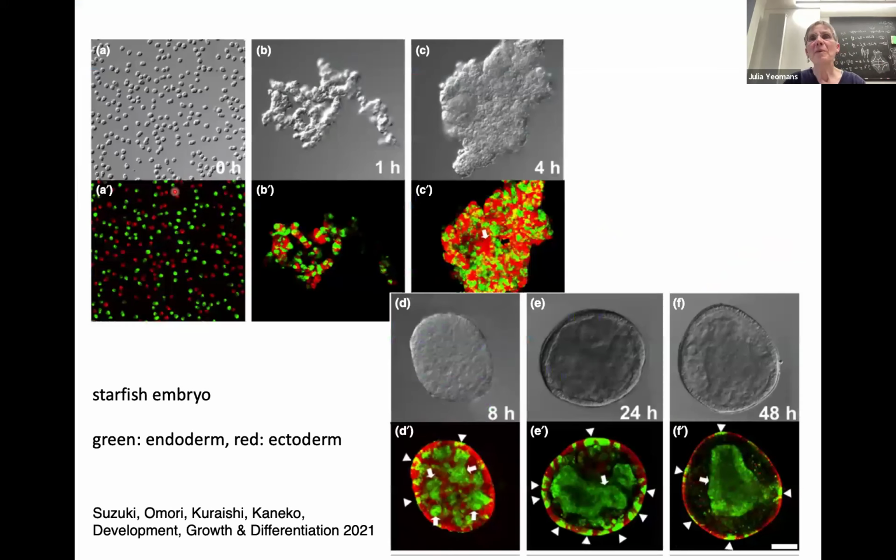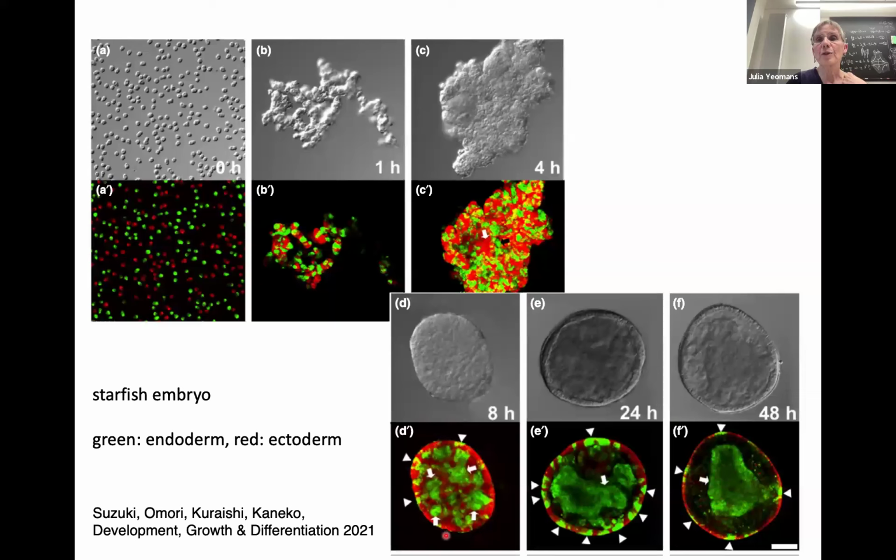Let me just show you my favorite picture that one day I want to explain. This is a starfish embryo, which has basically been put in a blender. And the two sorts of cells in the starfish embryo have been all mixed up. And if you just leave them there, they reassemble and they microphase separate.